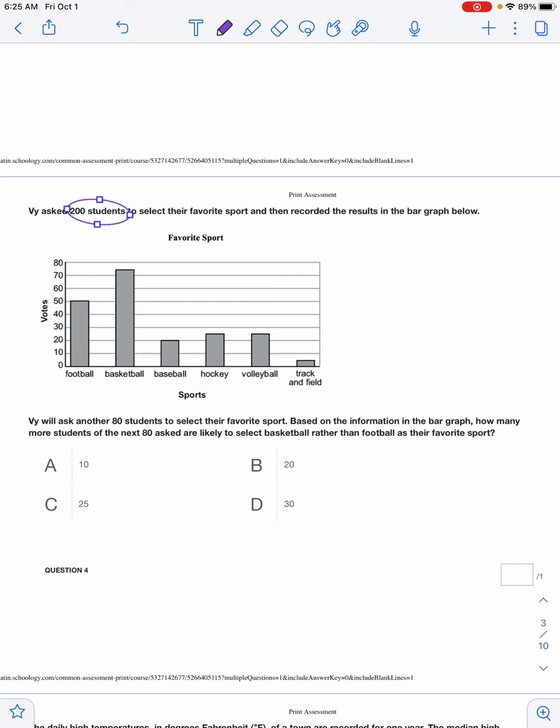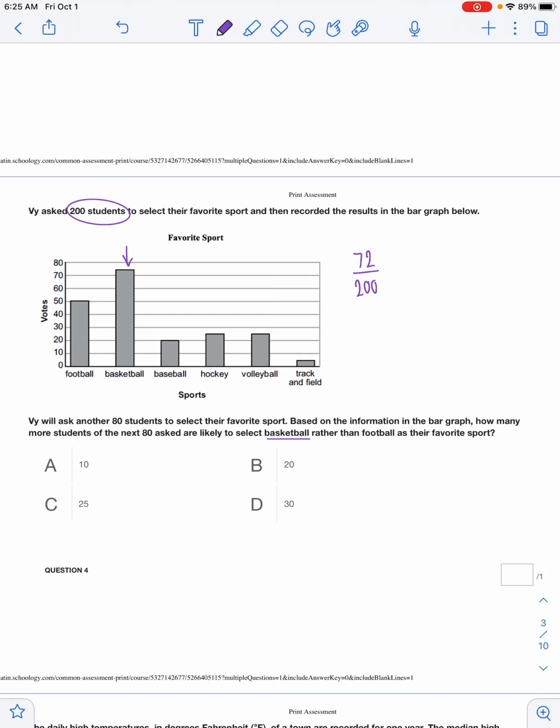So we know that she asked 200 students to select their favorite sport to start. And out of those 200 students, about 75, maybe 72-ish chose basketball. So we know that 72 out of 200 students chose basketball.